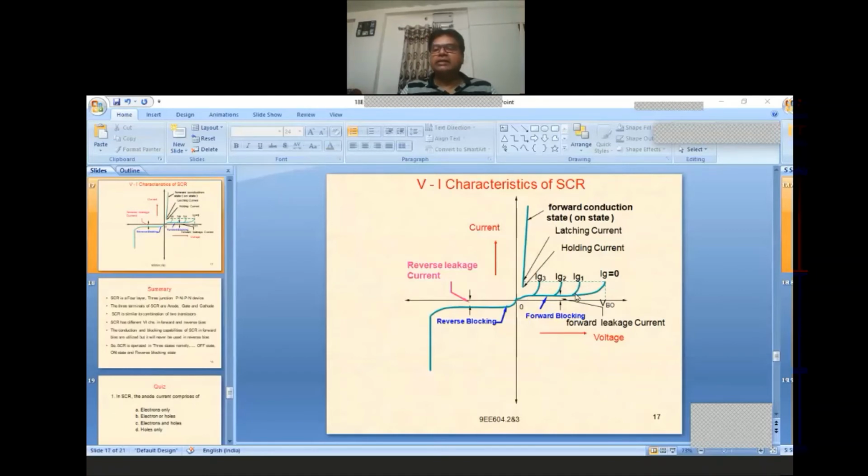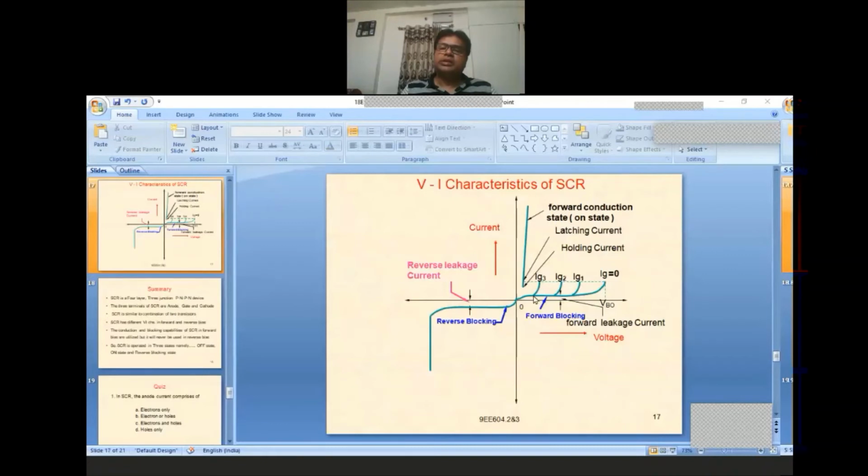When gate current is less, you require more forward breakover voltage. As the gate current goes on increasing, the forward breakover voltage will also decrease. But as the gate currents are increased, hot spots will appear inside the gate region, so it gets damaged.